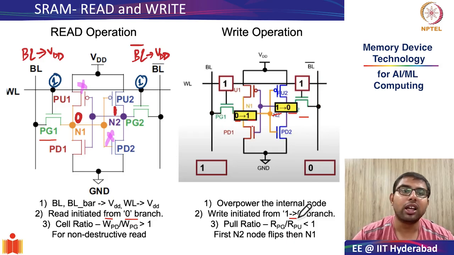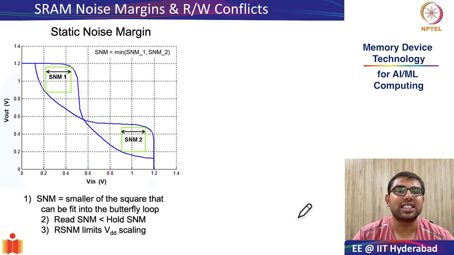The next thing that we studied in SRAMs is looking at the static noise margins. We saw that static noise margin was defined as the smaller of the two squares that you can fit into the butterfly loop. We also saw that because there is a small disturbance in the internal nodes during the read operation, the read static noise margins are less than the hold static noise margins.